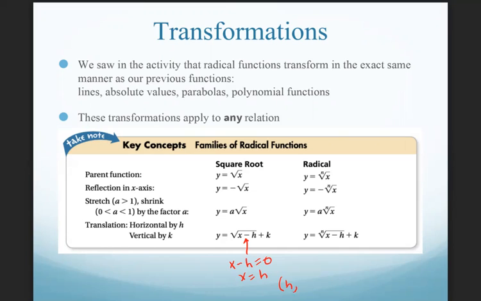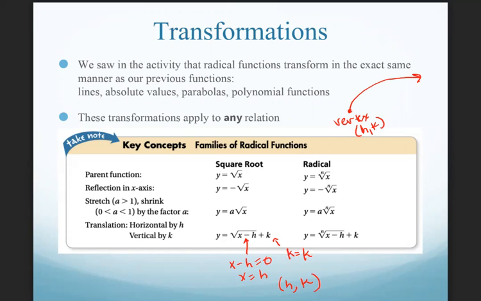And remember, the vertex is the point of change. So for a radical, and when I graph a radical, this point here is called the vertex, and we can call it point h comma k. Okay, and then k is just k equals whatever was added, and so our vertex is hk.